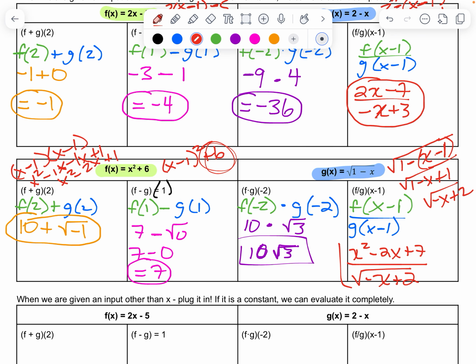I did a little bit of cleaning up on this, but we'll just leave it like that because it's a variable and there's nothing to actually solve for or simplify. So we have x squared minus 2x plus 7 on the numerator, and on the denominator we have the square root of negative x plus 2. So again, the big takeaway here is paying attention to what the input is and then doing the operations with the different functions.